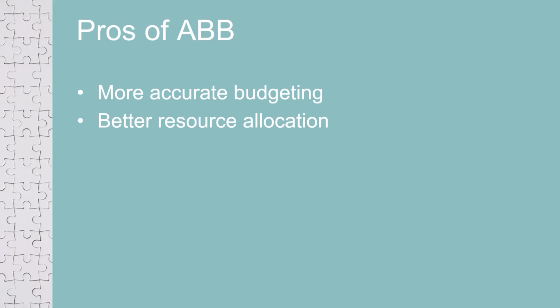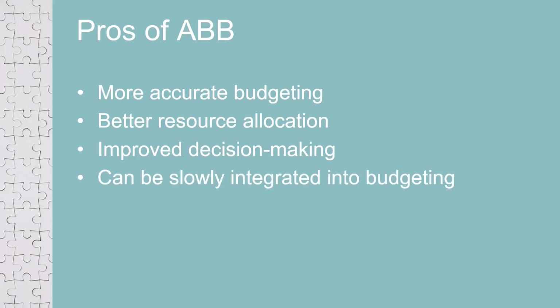Capacity management is greatly enhanced. Improved decision making. With a more detailed understanding of the costs associated with various activities, ABB can help managers make better decisions about what products to promote and which customers to pursue for increased profitability. It can slowly be integrated into budgeting as ABC analysis is done on processes or departments.